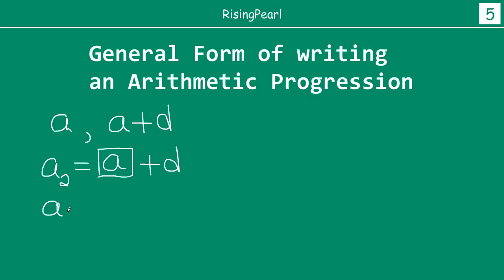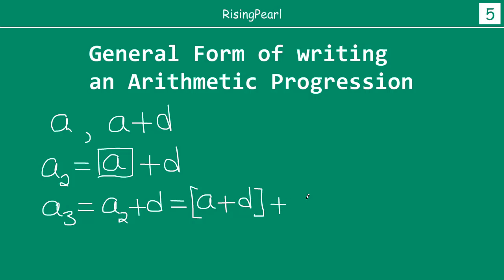Similarly, my third term will be obtained by taking the second term and adding D to it. My second term is A plus D, and I'm going to add D to it. So this gives me A plus 2D.